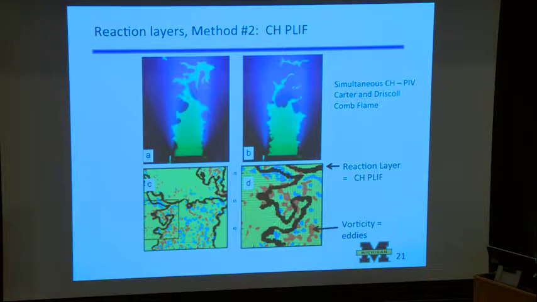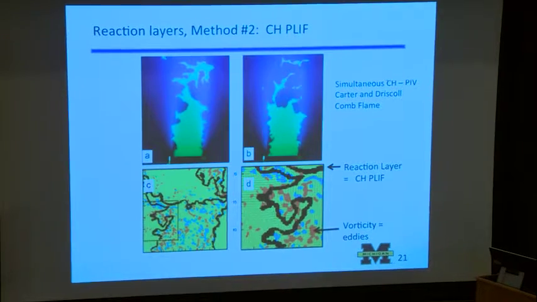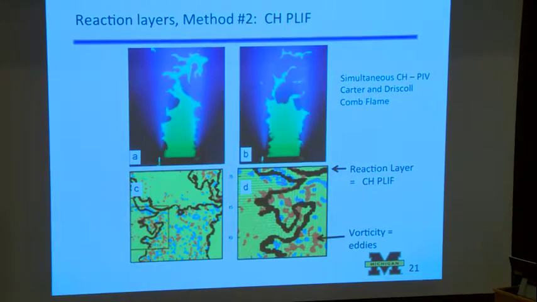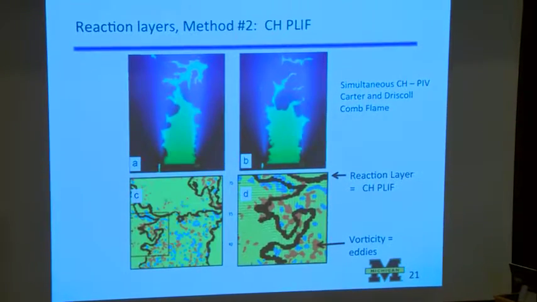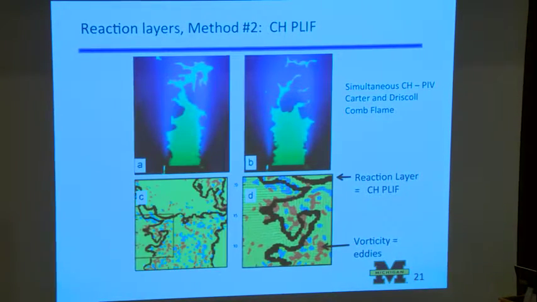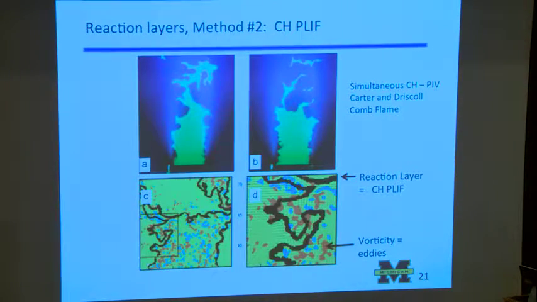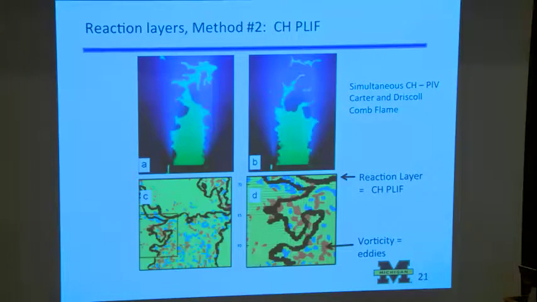Now another method, and this is a study that a student from Russia did with me a long time ago, is that we looked at CH PLIF, and we got these black images. This was done more than 15 years ago, so people can do better than this.